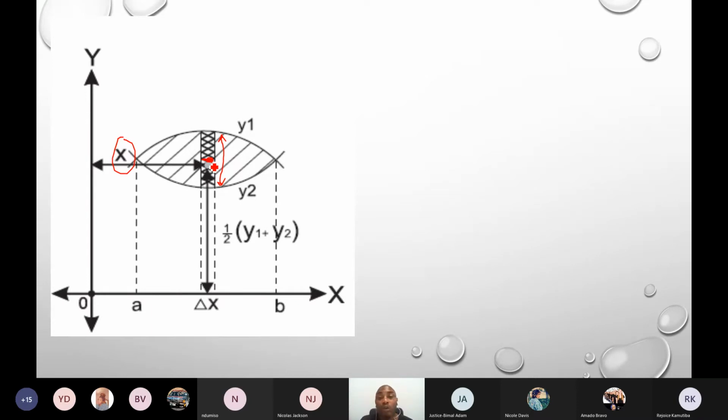So here we have two graphs, y1 and y2. The middle point between them is half y1 plus y2. To find the middle point between two graphs is simply half of the sum.